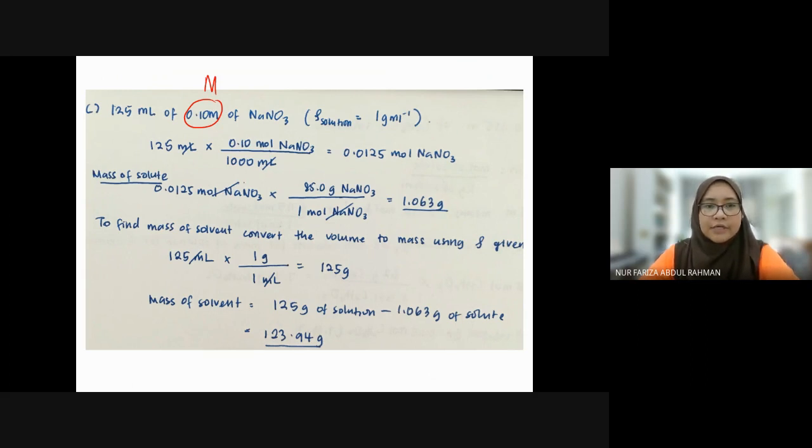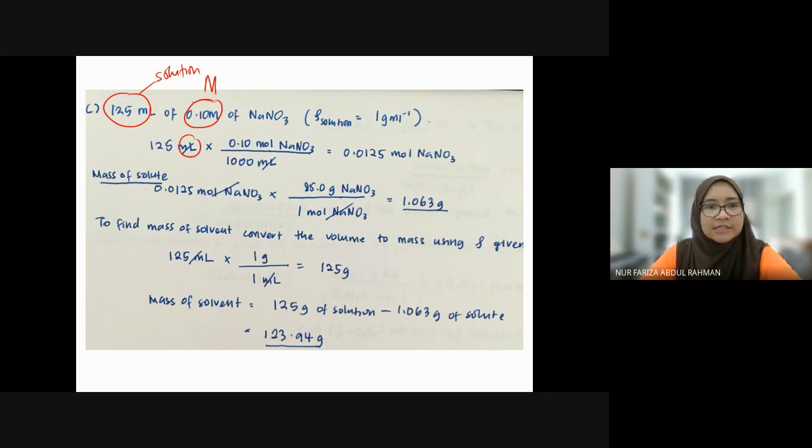To find the mass, this 125 ml represents the volume of the solution. Remember, what we want is the mass, so obviously we have to convert this volume into gram later on. 125 ml, remember, is for the solution.